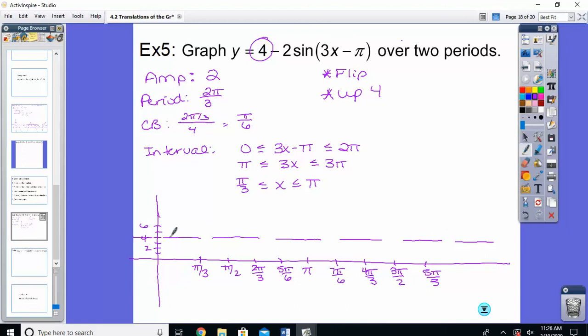So you're going to oscillate between 2 above and below that line. So we're going to be bouncing back and forth between 2 and 6 here. We're graphing sine, which starts at its 0 point. So at pi over 3, you are on that dashed line. You're at 4. Sine typically goes up next, but we flipped. So at pi over 2, you're going to go down to 2 and then back up.